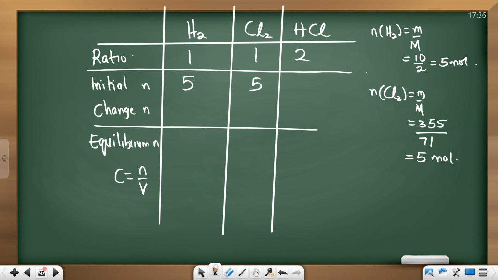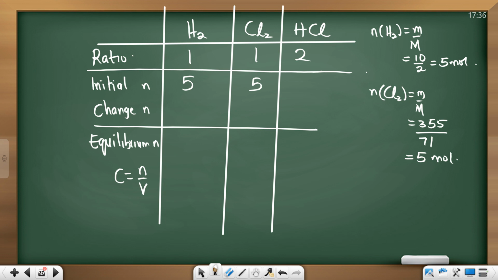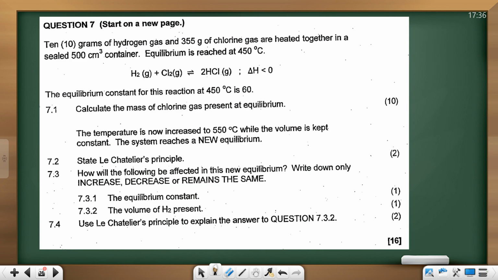All right, let's go and check. Please don't assume that it's 0. It says 10 grams and 355 grams are heated together in a seal. Now, do you see this time around, they didn't tell us that there was hydrochloric acid there. That means it was not present. That's when you can write a 0. Okay? Now, again, what do we know? Volume is 0.5.